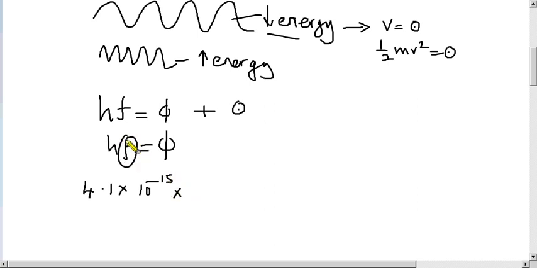Frequency we don't know. They have not given frequency. But we can use the equation v equals f lambda. When we use light as the wave, we write the velocity as c. Then c equals f lambda, then f equals c divided by lambda.